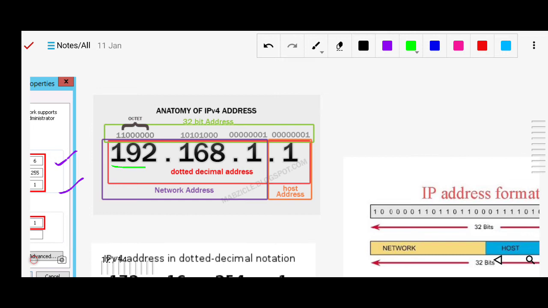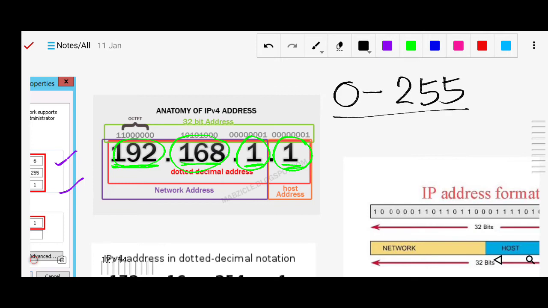You can see the 1st, 2nd, 3rd and 4th set, and the range is 0 to 255 only. You can see all of these are within 0 to 255.